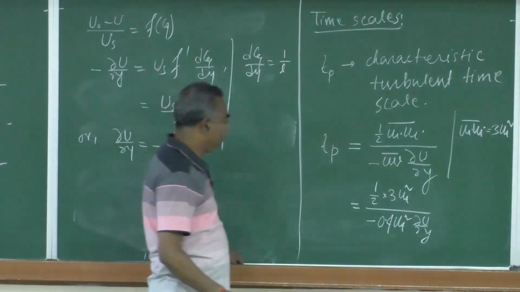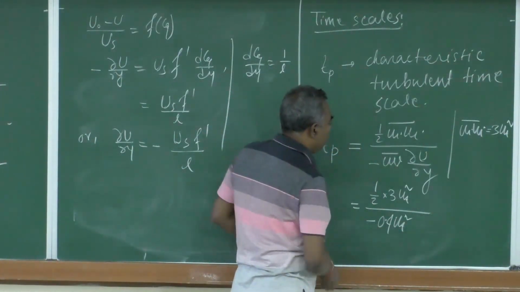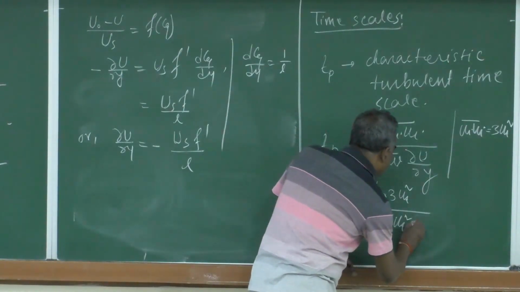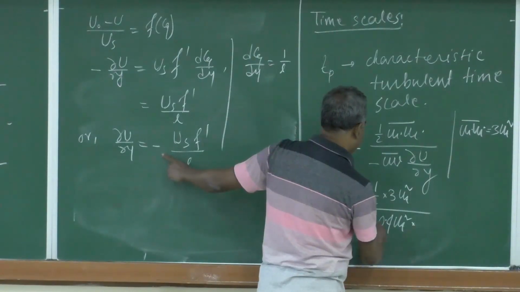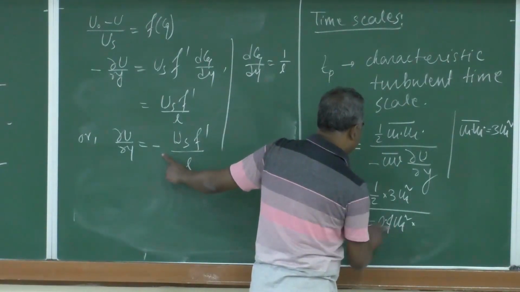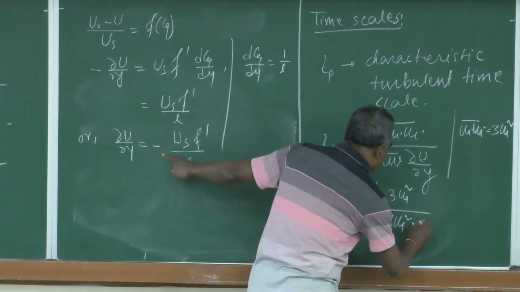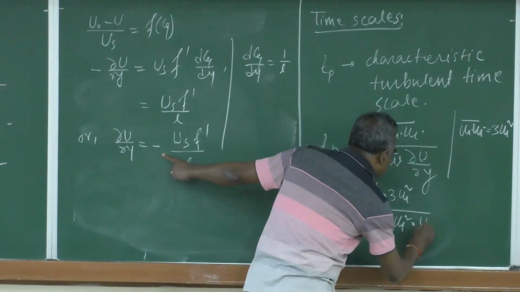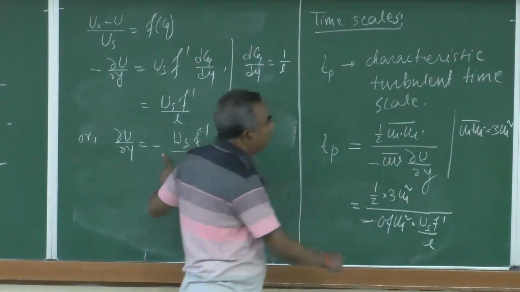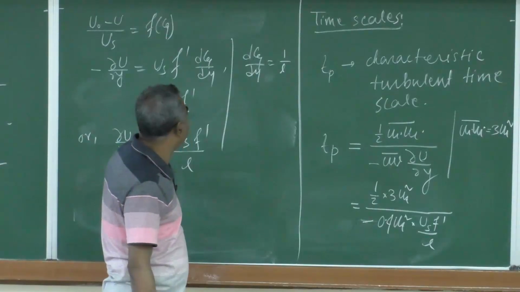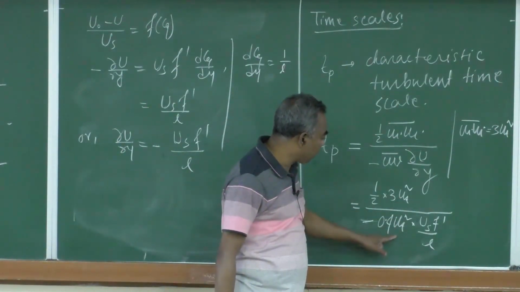So, you replace this value. That means del u del y, here we can put minus, so this minus, so this is equal to this. So, the minus will be there, and that is going to be u s f prime by L, right. That is what we are going to get here. So, you see ut square will cancel.